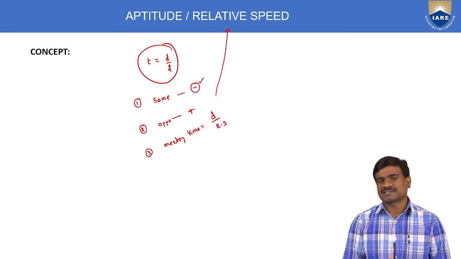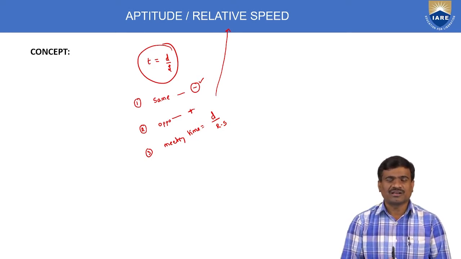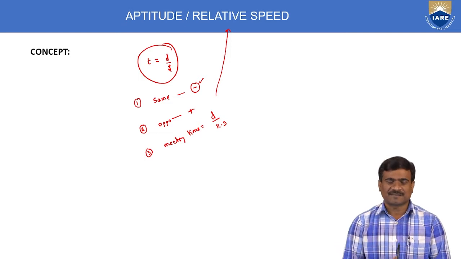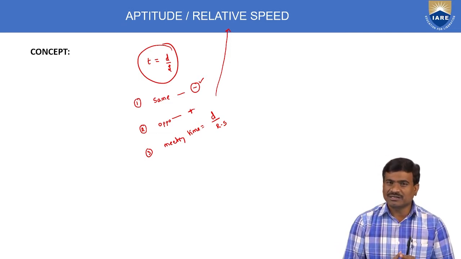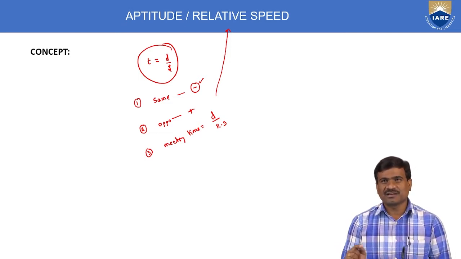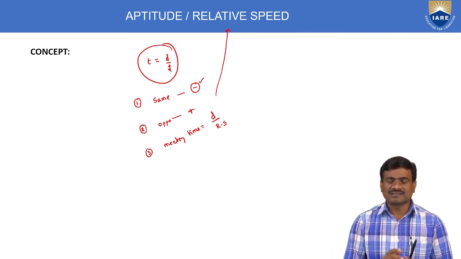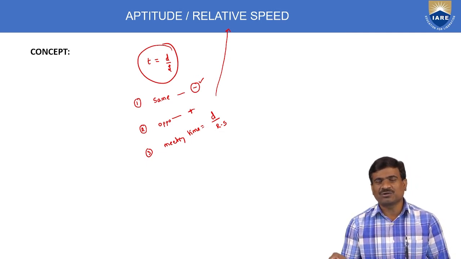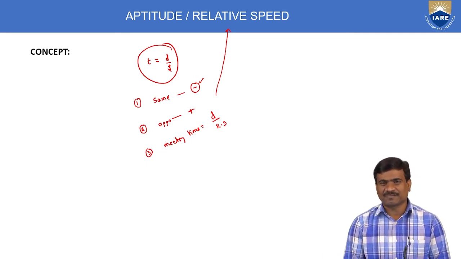Next, notations. All the statements are converted into the same units. Units depend only on distance. If distance is in meters, speed is converted into meters per second. If distance is in kilometers, speed is converted into kilometers per hour.